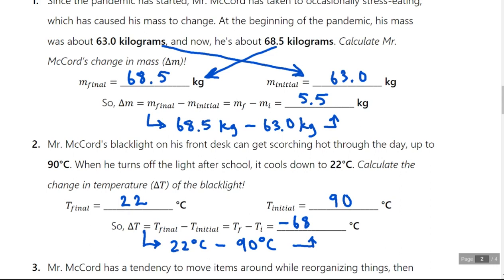You know for sure, because of the way that we subtract these, that a positive measurement means that it's increasing, it's going up, it's getting hotter in this case. In this example, in number 2, since we get a negative number out of that change, your temperature is decreasing, it's going down. So if I just said you have a temperature change of negative whatever, it's decreasing by that much. Okay, let's look at some other examples.